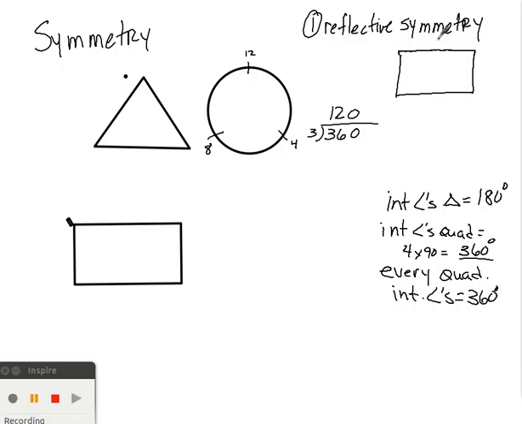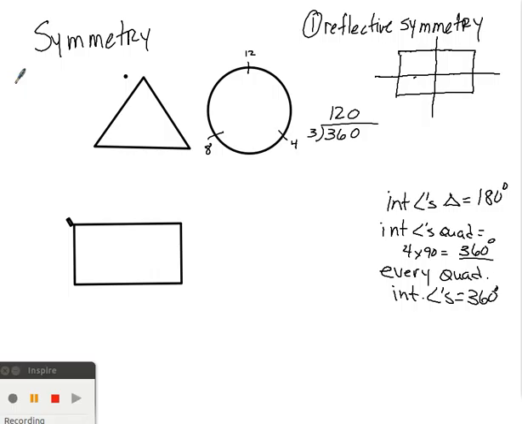For instance, in a rectangle, I can draw a line right down the middle, and both sides are identical. They're mirror images of each other, so it has reflective symmetry. On a rectangle, I can also draw a line this way, and the top and the bottom are mirror images. So there are 2 lines of reflective symmetry in a rectangle. They will be asking you questions on that in your investigation.